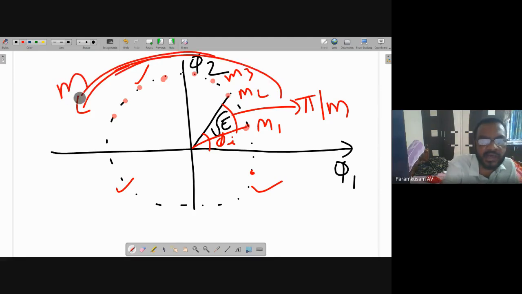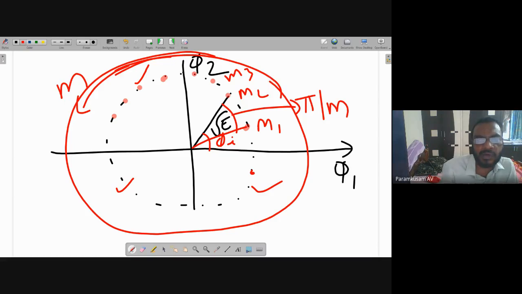These M points are distributed in one circle with phase angles of π by M. ఫేజ్ డిఫరెన్స్ ఎంత వస్తుంది? ఫేజ్ డిఫరెన్స్ π by M కాదు, I think 2π by M.